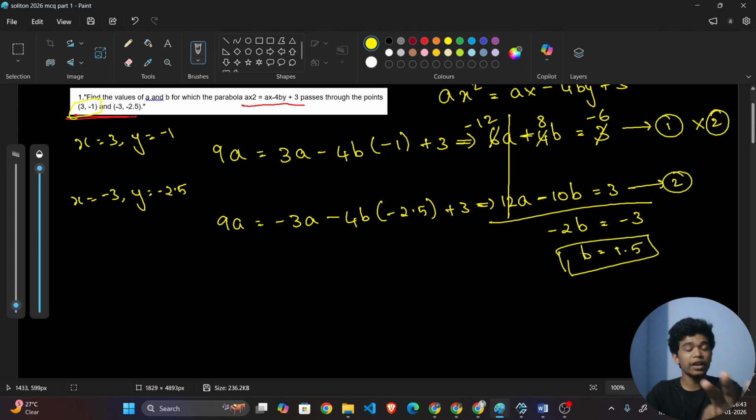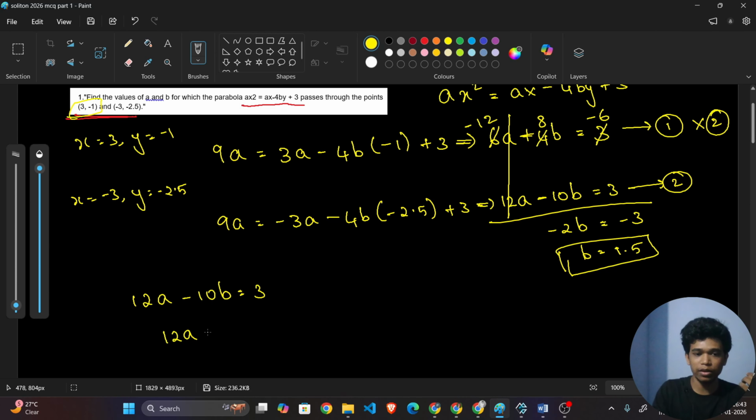Now just apply the b value in any one of the equations to get the a value also. So let me take the second equation. 12a − 10b = 3. If I apply the b value in this, then it will be 12a − 15 = 3. That implies a = 18/12 = 1.5.